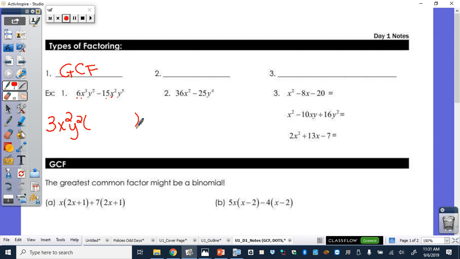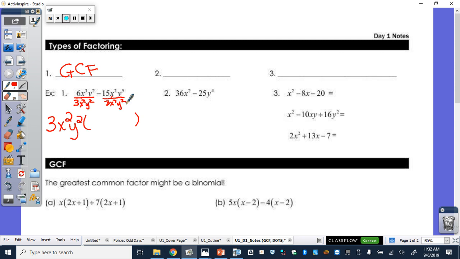How do we find the stuff that goes in the rest of those parentheses? Say that? Yeah. Yep. So we divide by our GCF. So you actually divide the numbers, you subtract those exponents.